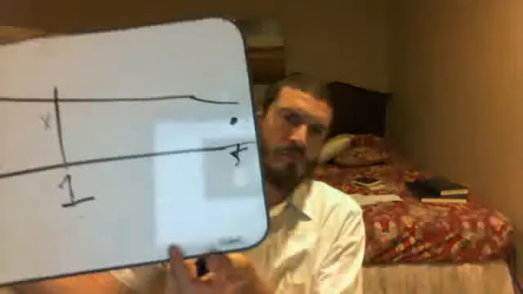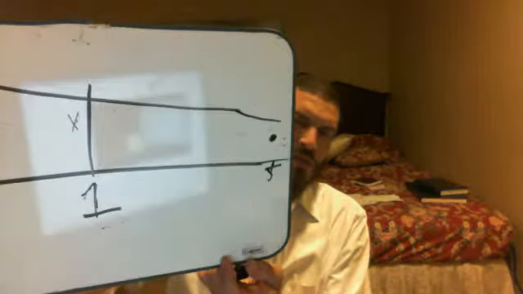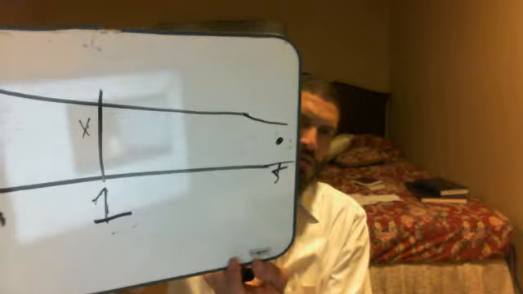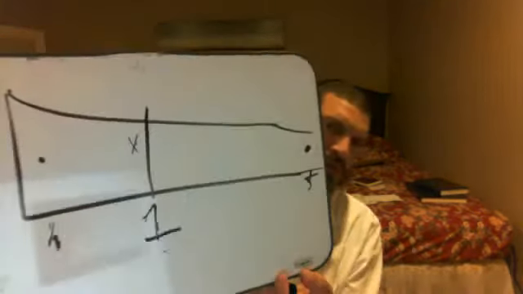How about if the dart lands here, by 5? You see, I wrote there 5, and there's a dot there.